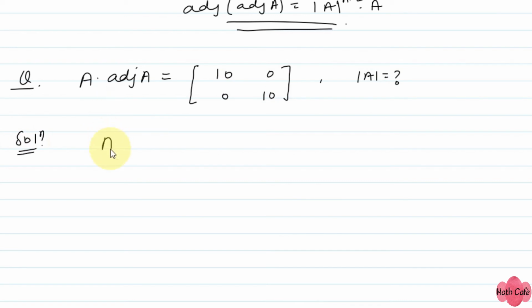Here A multiplied by adjoint of A is nothing but, if I take 10 common from this matrix, this will become 1 0 0 1.